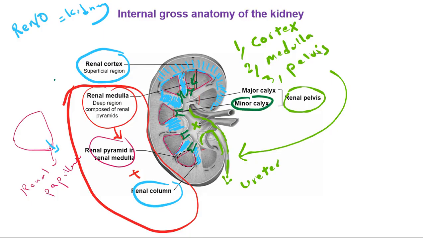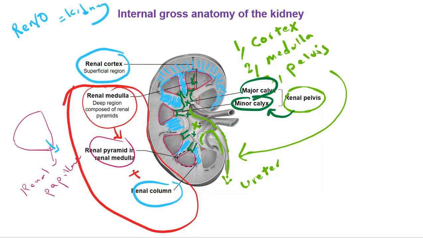Then minor calyces join together and make a bigger cup, which is called a major calyx. So that's the reason we can see minor calyx and then major calyx in the renal pelvis.